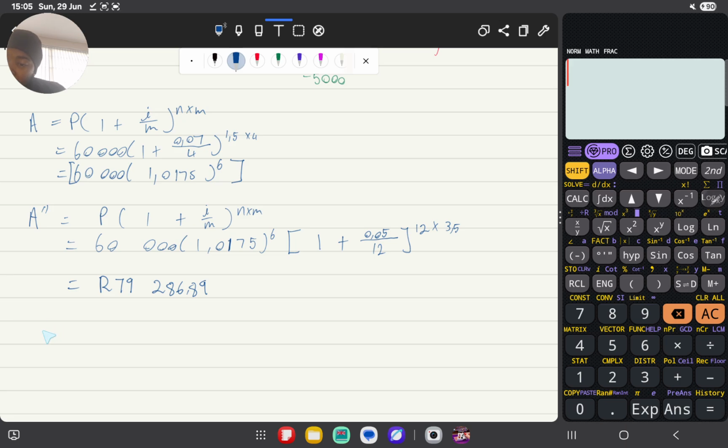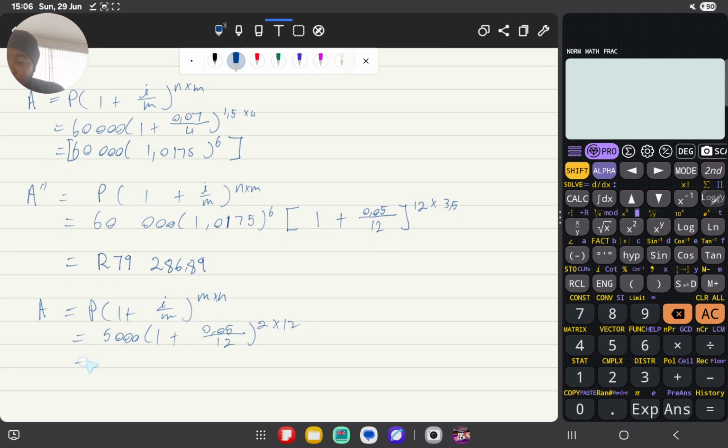So to do that, I will say A equals to P, just the normal formula. Substitution, I have 5,000. 1 plus, remember interest was 0.5. Then it's compounded monthly, and then I have exactly 2 years times 12. I do my math.